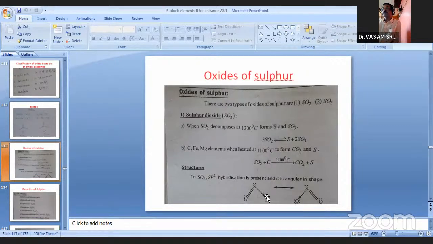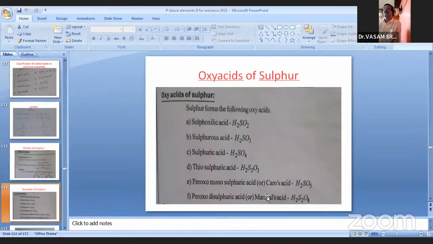Resonance structures here, structure 1, structure 2, and the next one is oxyacids of sulfur. When the oxides of sulfur are dissolved in water, they produce oxyacids. Suppose you take SO2 and SO3, when dissolved in water, they produce 6 to 7 types of acids.